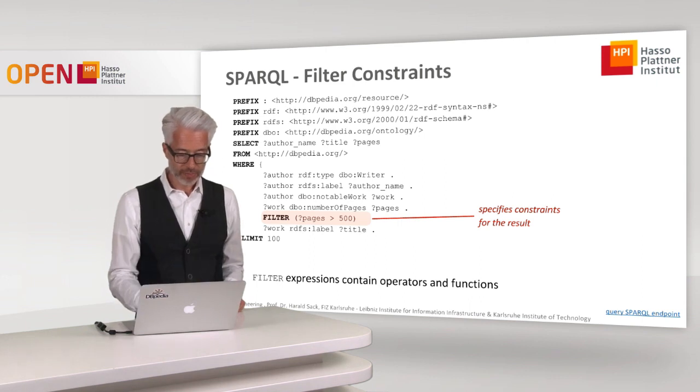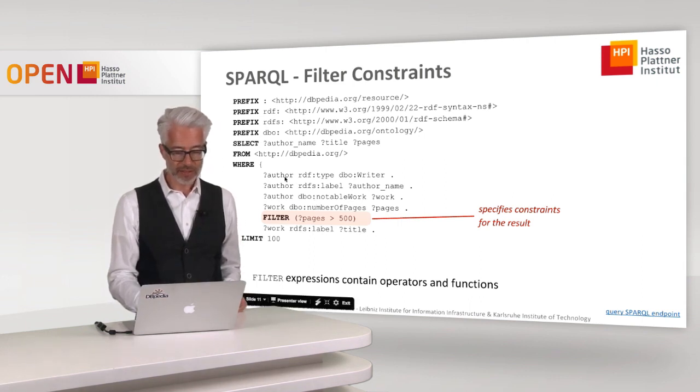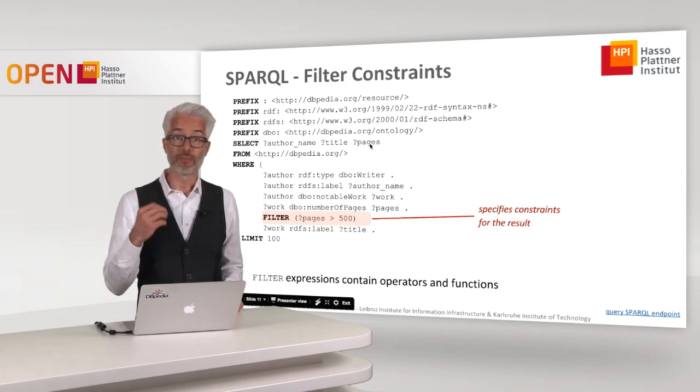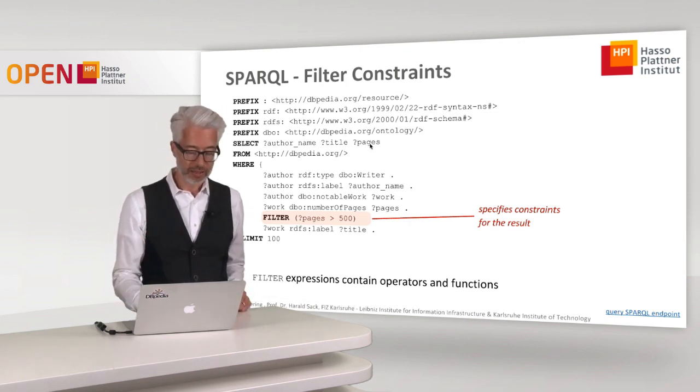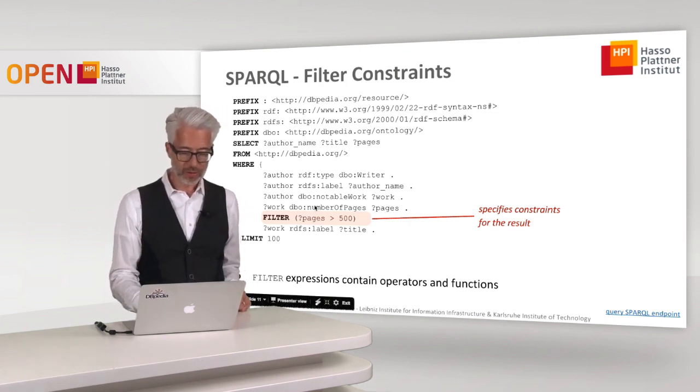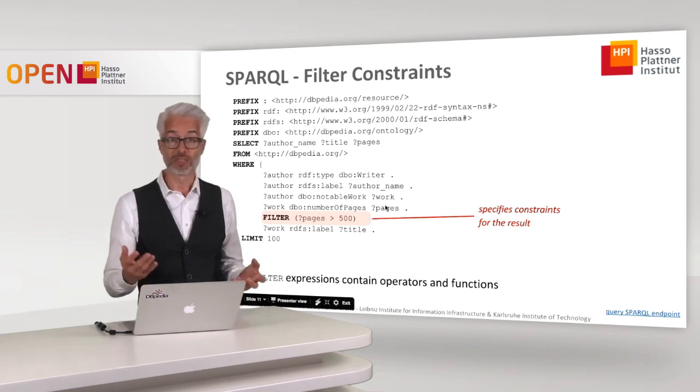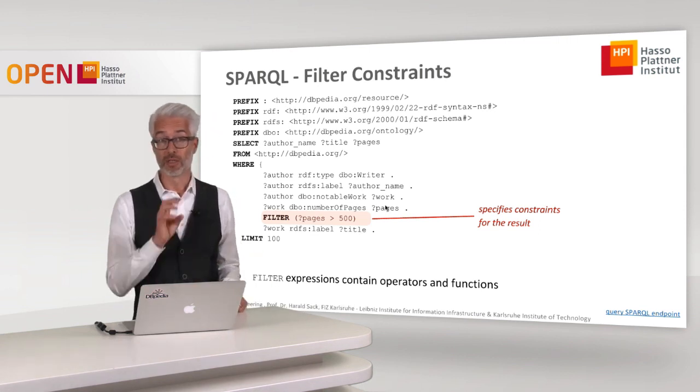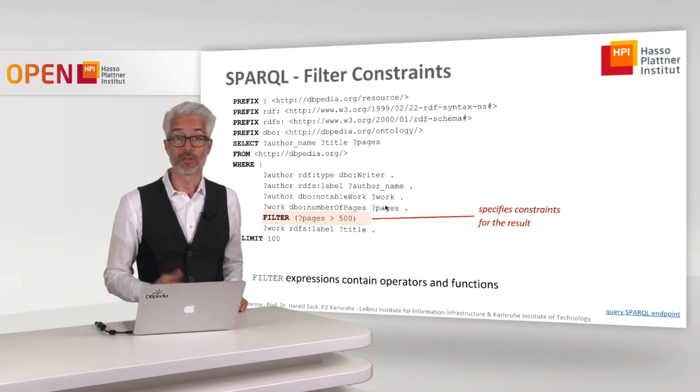Let's have a look at that one. So it's exactly the same query that we had before. The only thing is that we have an additional variable which is pages. And we say here work dbo:numberOfPages, which means we want to have the number of pages of the work of the author, of the notable work.